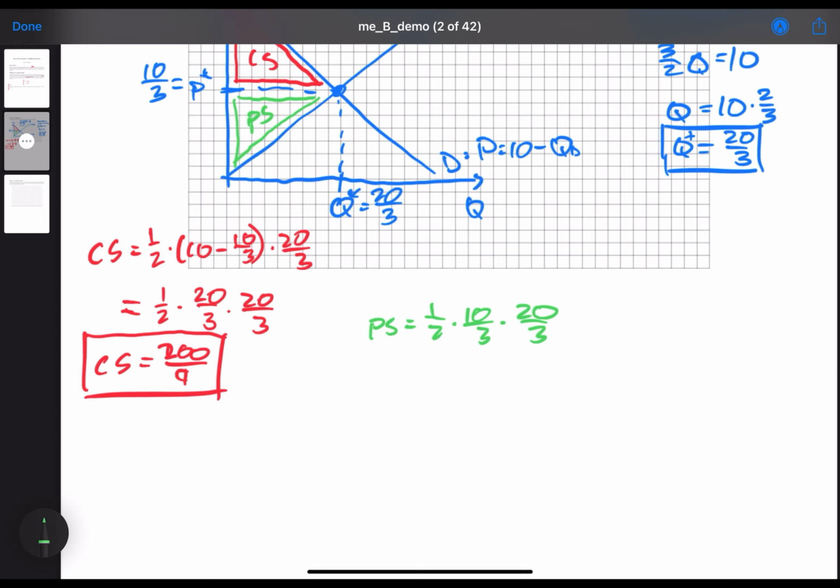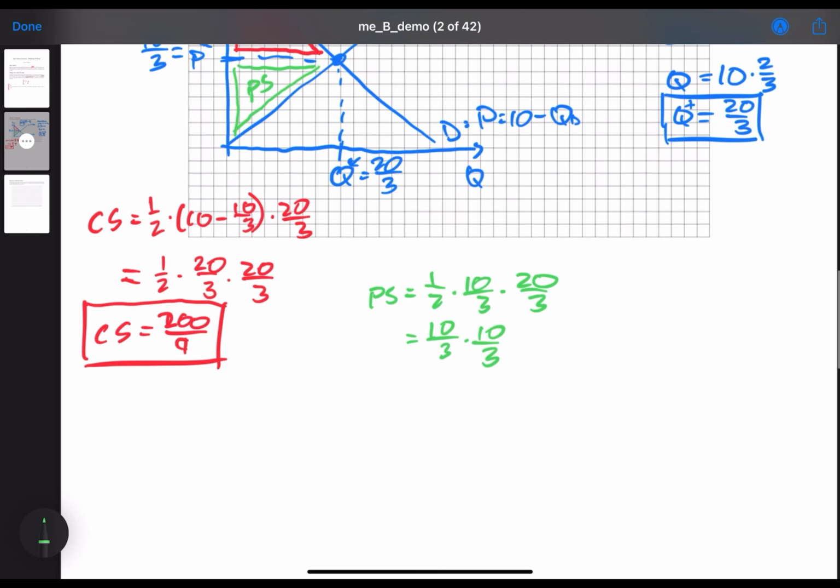And we can simplify this once. So we're going to divide that 20 by 2. So we have 10 over 3 times 10 over 3, which means our producer surplus is just 100 over 3.